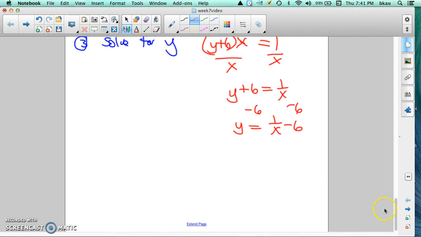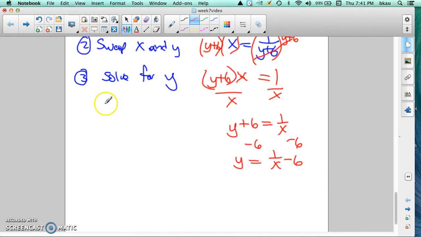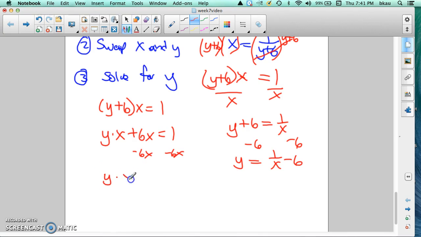If I decide first to distribute, I distribute the x and get y times x plus 6x equals 1. I subtract my 6x, and I get y times x equals 1 minus 6x, and then I divide by x.